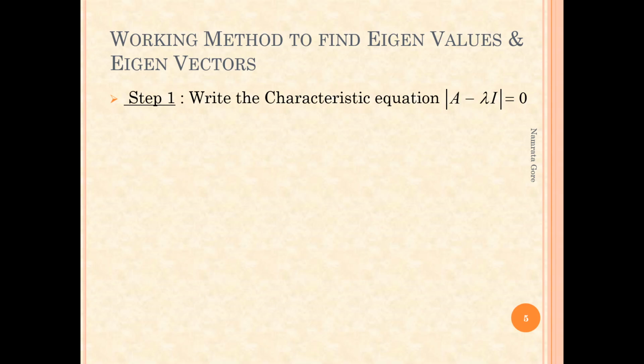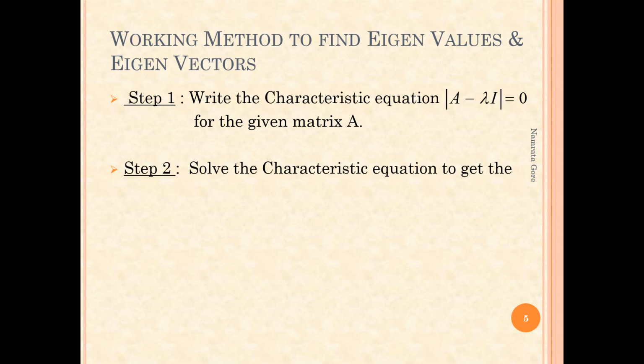Now how to solve for getting eigenvalues and eigenvectors? In the very first step, we write the characteristic equation, determinant of A minus lambda I equal to 0, where the matrix A is the given matrix.